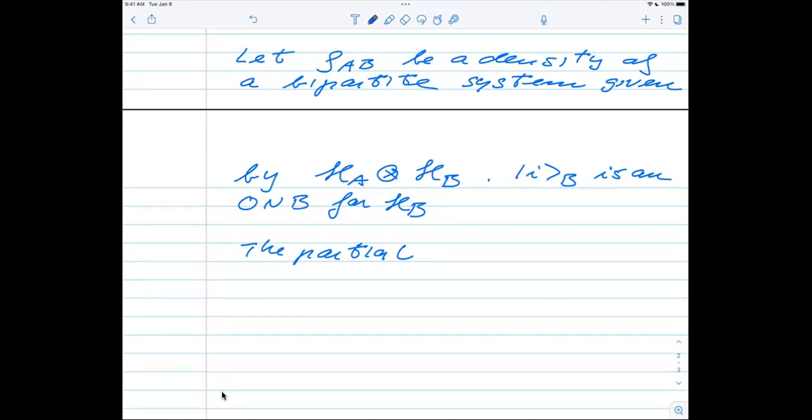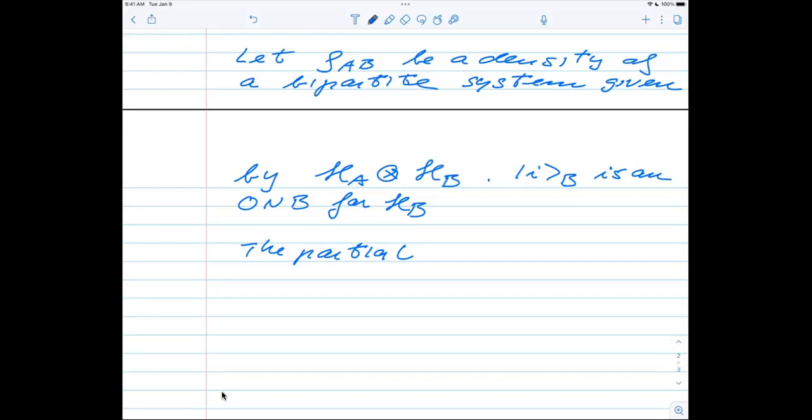This is going to have consequences for us, because if the system A, the subsystem, is not entangled, which means that it is in a pure state, then the system is exactly defined and we know exactly in which state the subsystem is. If the system is in a mixed state, then we cannot say exactly in which of these basis states the system is.